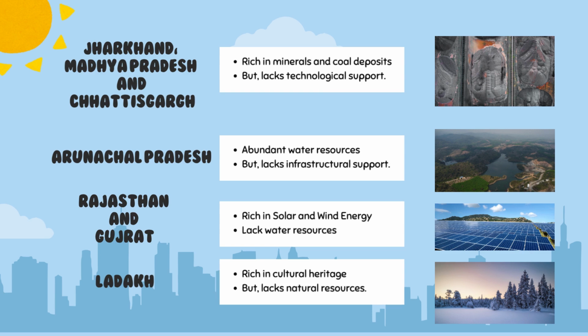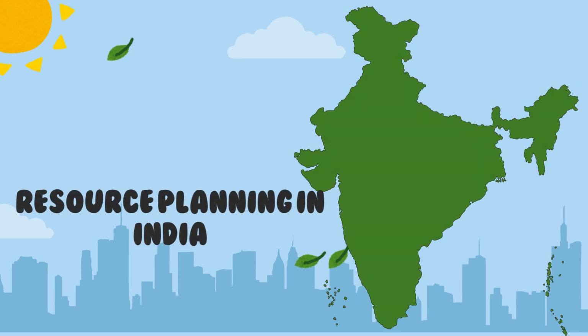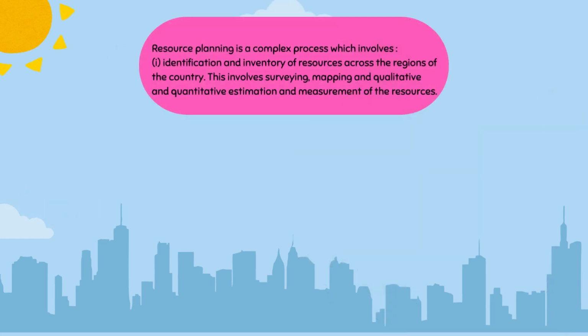Let us look at the process of resource planning and how it is carried out within our country. First, the identification and inventory of resources across different regions of our country is mapped out using survey, mapping, qualitative and quantitative estimation and measurement of resources.